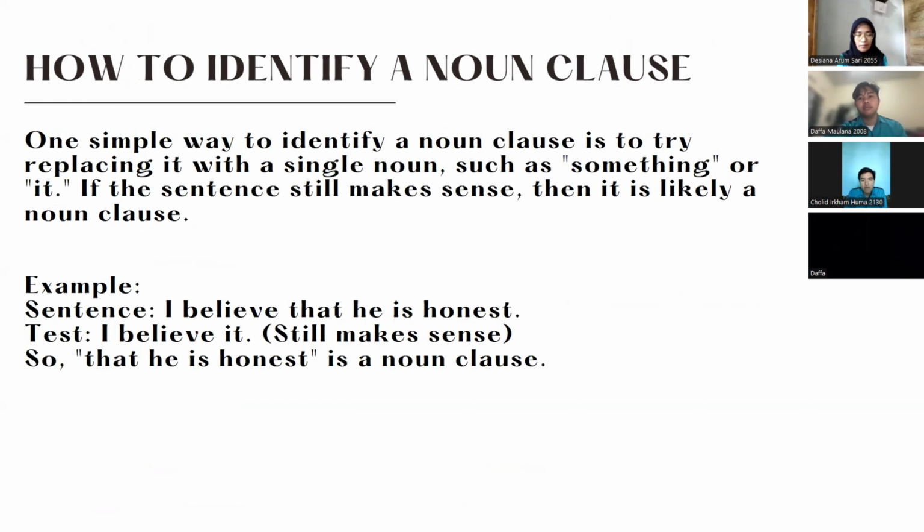One simple way is to try replacing it with a single noun, such as "something" or "it." If the sentence still makes sense, then it is likely a noun clause. For example, the sentence "I believe that he is honest." Yes, "I believe it." This still makes sense, so "that he is honest" is a noun clause.